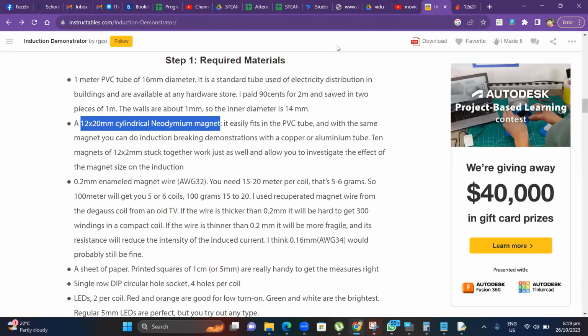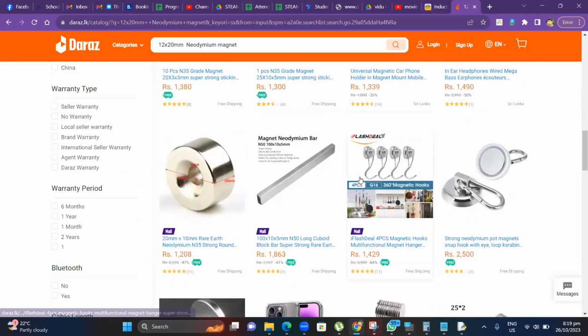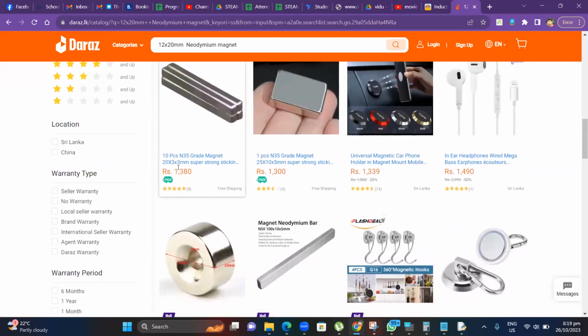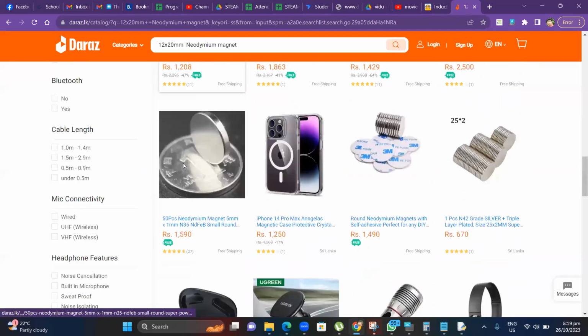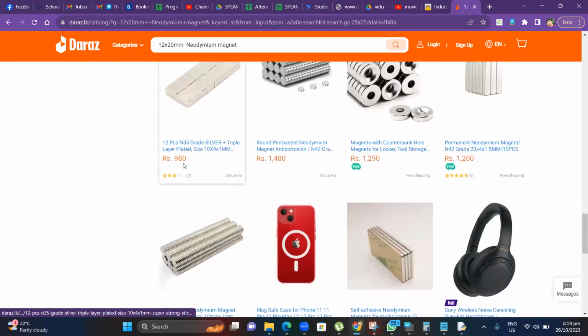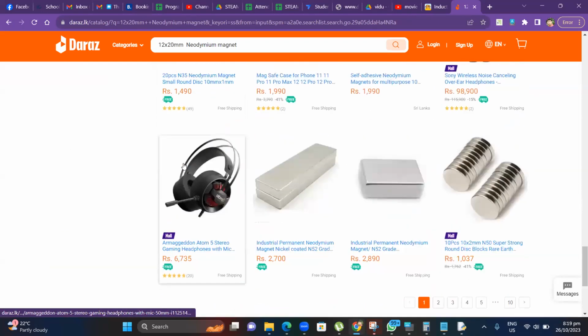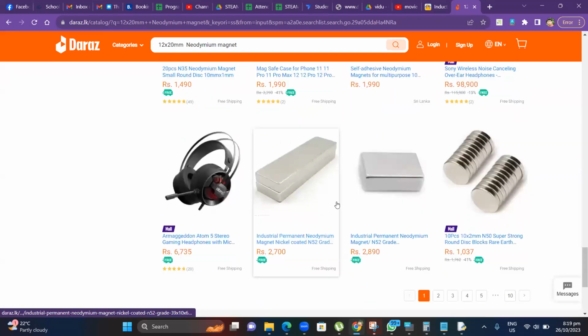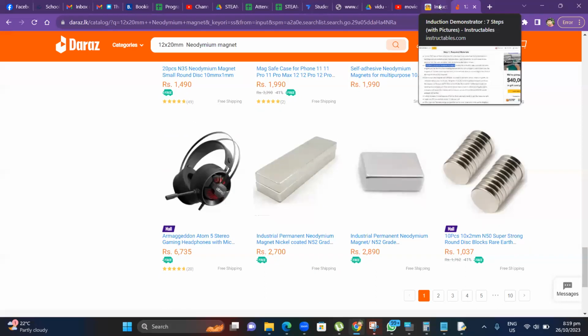What did we say to buy? 10 magnets of 12 by 2 millimeter. So buy 10 of these, 12 by 2 millimeter ones, and maybe five more like these. That's why I said you need a powerful magnet. With a powerful magnet, then you can do this, right? Anyway, you can get this cylindrical magnet. These neodymium magnets are there in Daraz, but a little expensive than normal magnets.